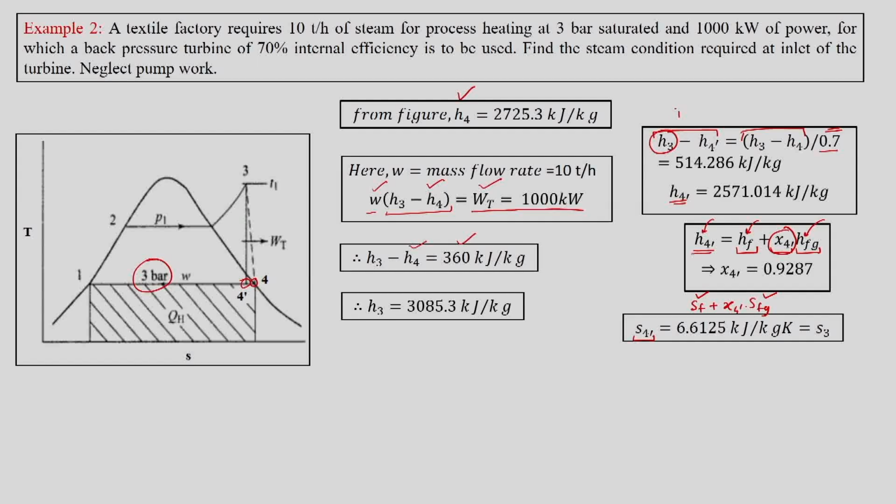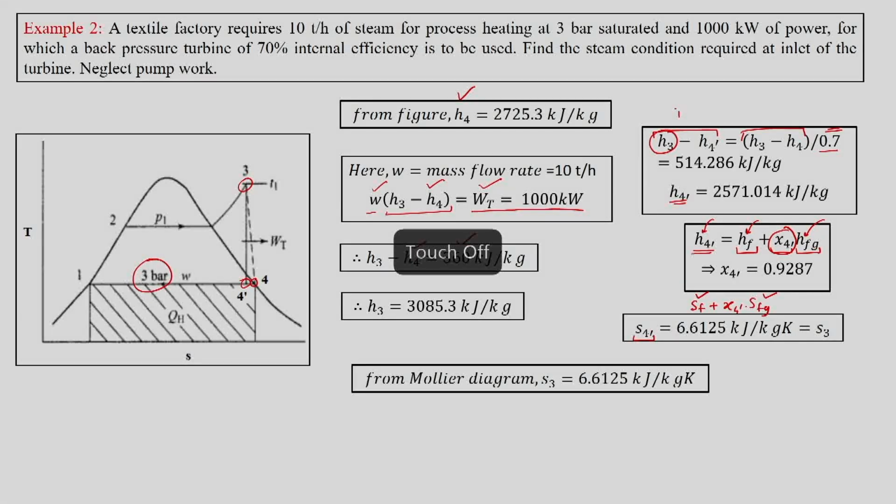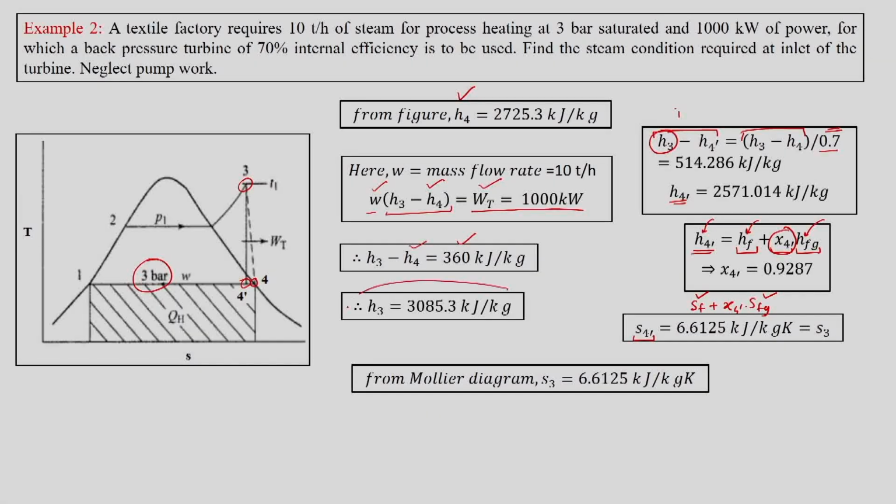Now S4 dash is known, but S4 dash is equal to S3. So, from the Mollier chart, we know the Mollier chart is the diagram where the y axis is enthalpy and the x axis is entropy. So, we know enthalpy at 3, and we know entropy at 3.